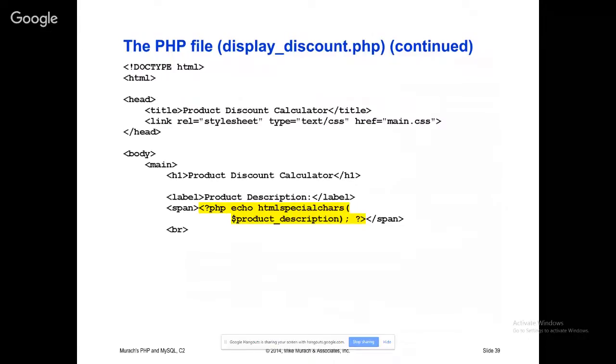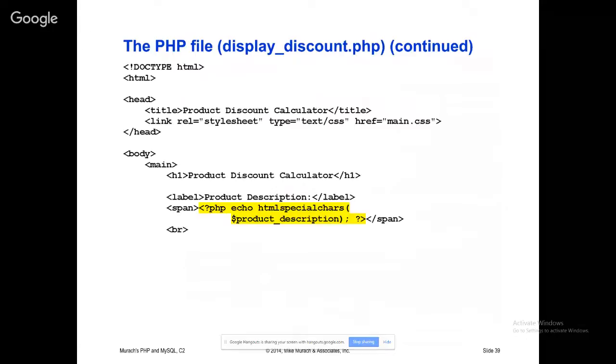All right, and then we output the product description to the user here. And why do we have the HTML special chars? To prevent people from using XSS, JavaScript code. Because the product description came from the user, it didn't come from us.